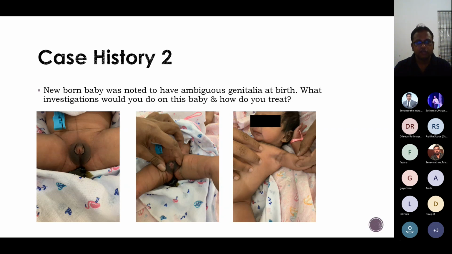With this sort of a child, you have to confirm whether this is a virilized girl or whether it's a boy. Because of that, we have done some investigations.